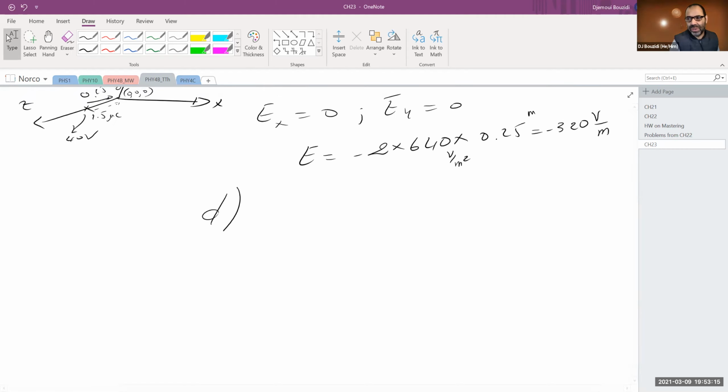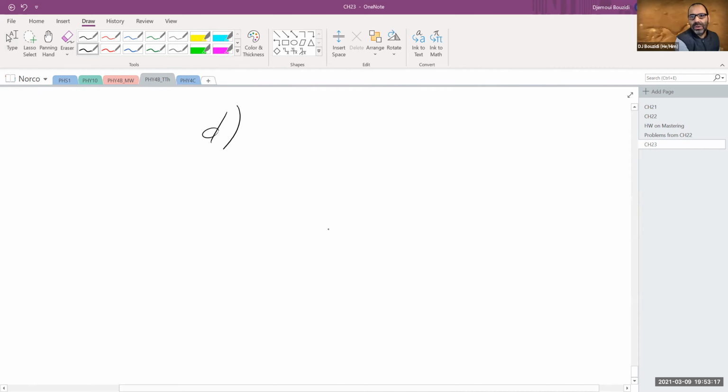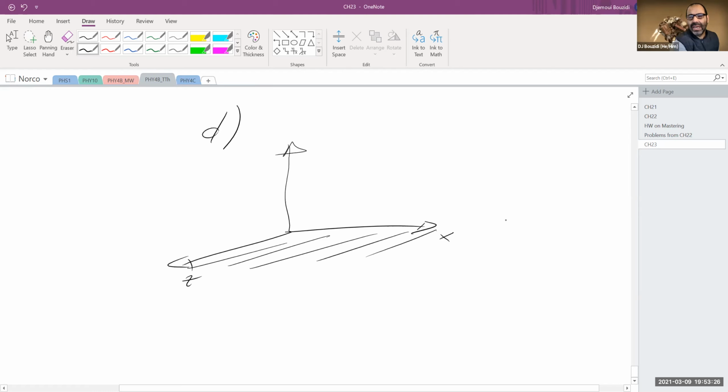Let me draw that graph to see what the XZ plane looks like. So this is the x-axis, this is the z-axis, and this is the y-axis. This plane is the XZ plane. If I move a distance y naught, that too is parallel to this plane.